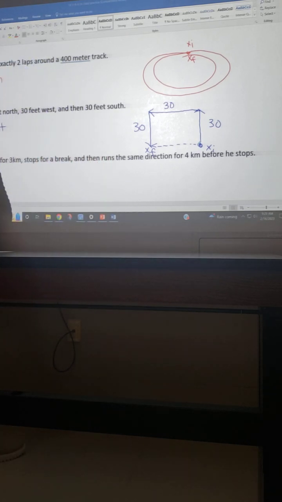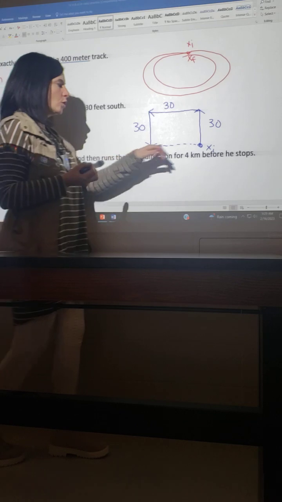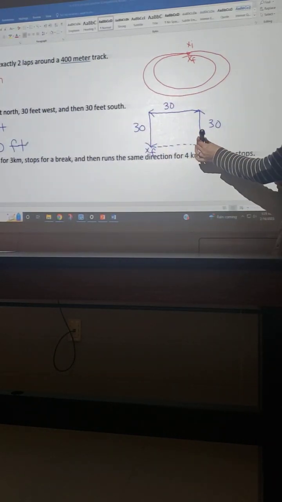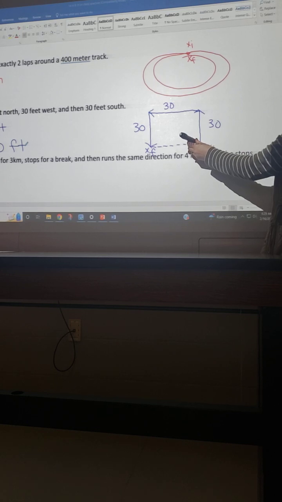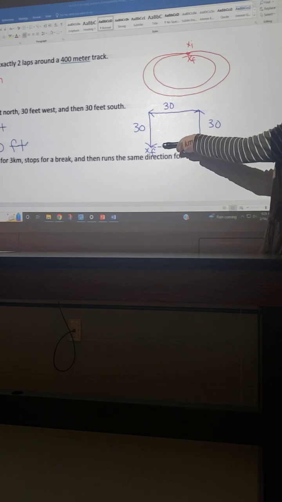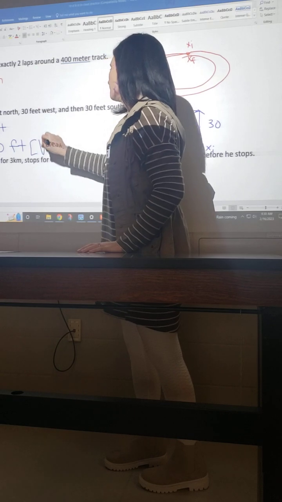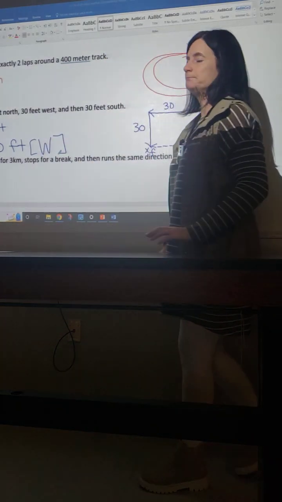Okay, so you say 30 feet, and I love the direction in which you're correct. Here's another way you can do it. If you put your pencil on the beginning, point it to where you end. What direction am I pointing? Pointing west, and that's going to give me my direction.